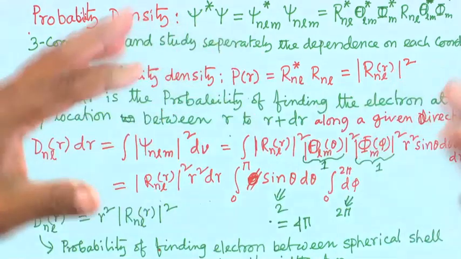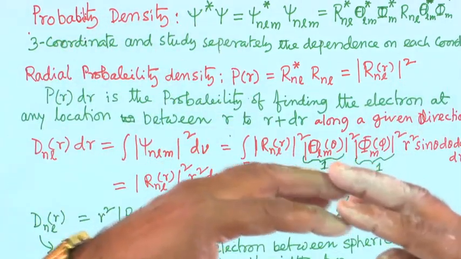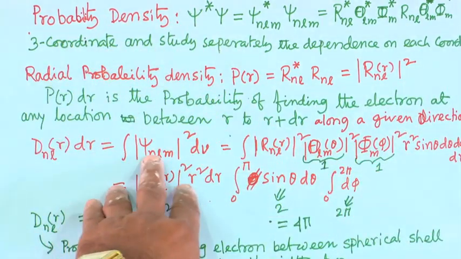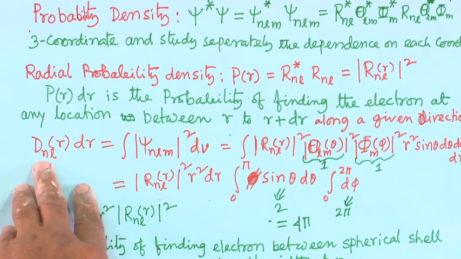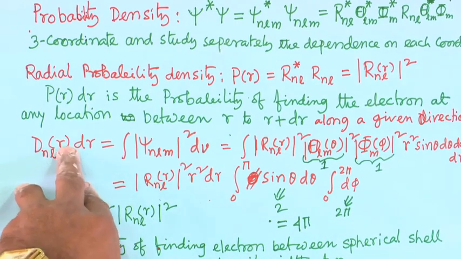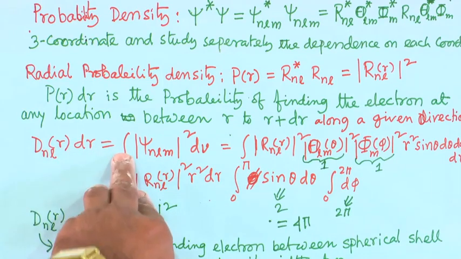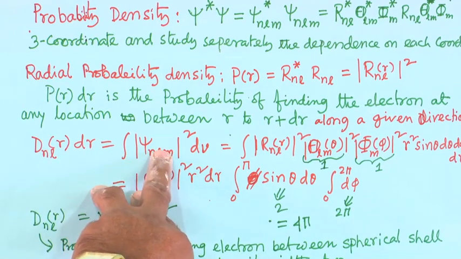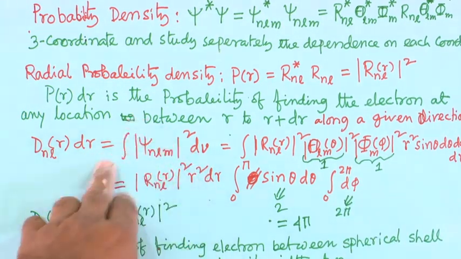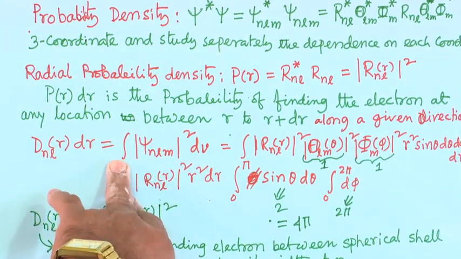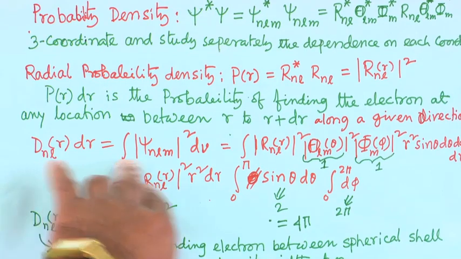So, within this volume, between two spherical cells, what is the probability? That I am coming to later. So, here I define this D n l r dr as psi star psi d v, that is the elementary volume, if I integrate over this whole volume. Okay. So, what will happen?